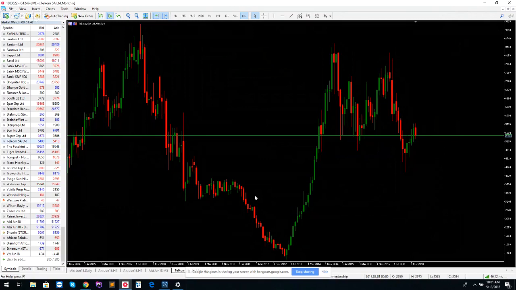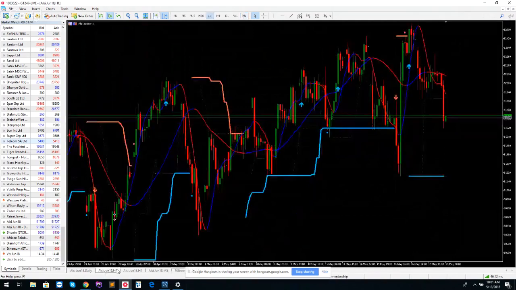If we go to something like an Aussie, for instance, Aussie currently is 51,709 Rand. So if you would have purchased one Aussie, that's what it would have cost you. Naspers, I think, is sitting at something ridiculous. And you can go to some of these instruments and you'll see what the current listed trading prices are.